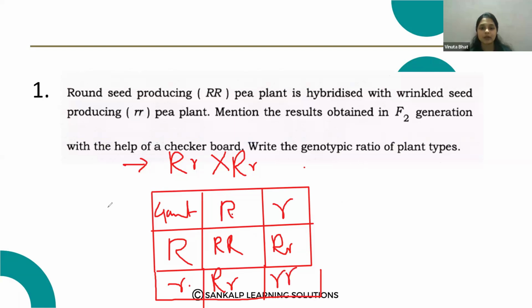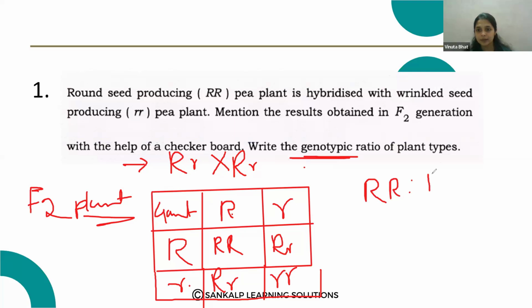This is the F2 generation plants obtained using the checkerboard. You have to mention all these steps. Then write the genotypic ratio. Genotypic ratio means RR plants, Rr plants and rr plants: 1 is to 2 is to 1. So 2 are Rr plants, 1 is RR and 1 is rr.